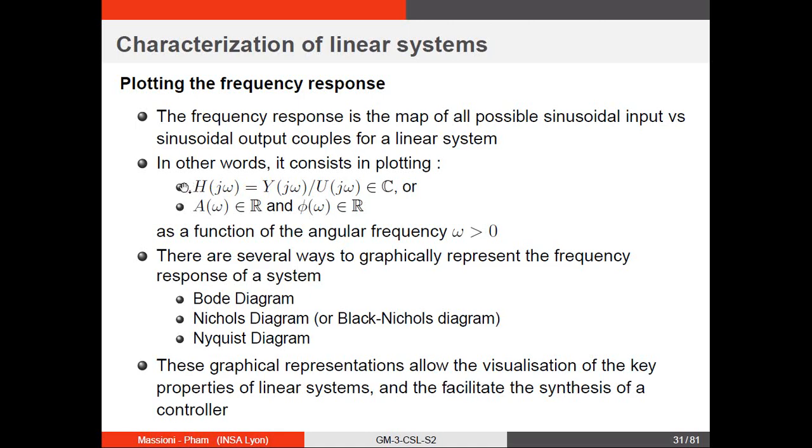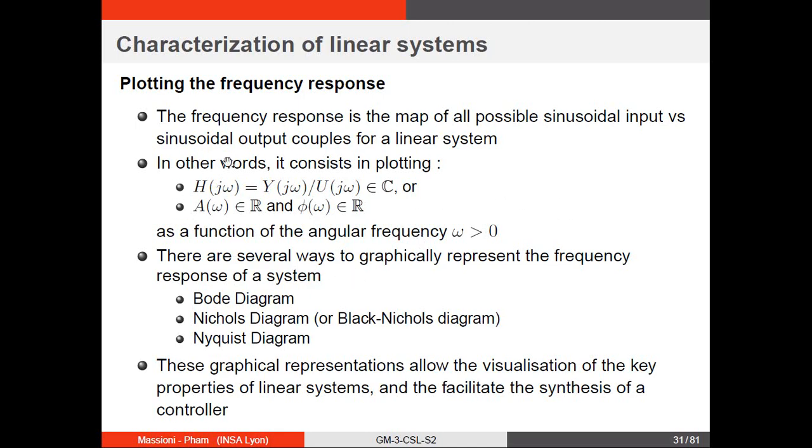So that's why h of j omega has a special meaning in this topic: it is a direct map which tells you what you get out for whatever you get in, as a function of the frequency, of course.